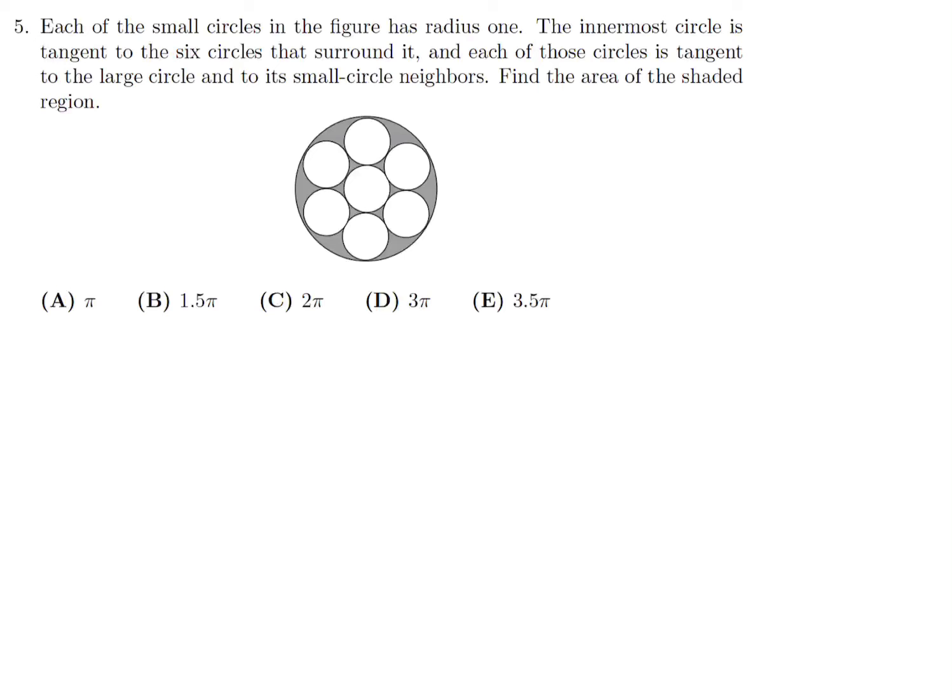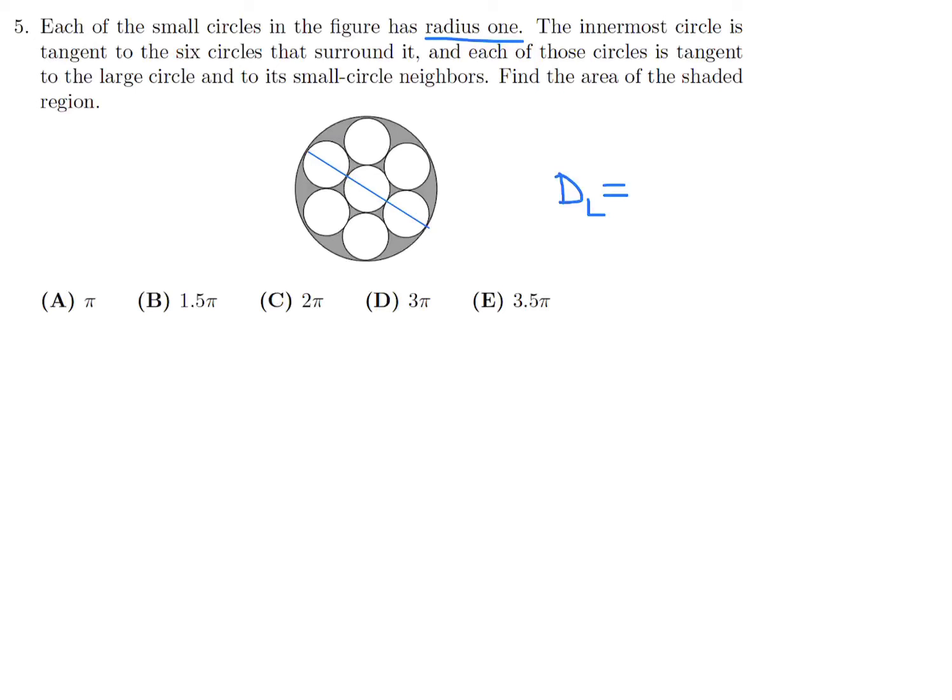So the first thing I'm going to do is draw a line that connects the centers of the 3 small circles like that. And that blue line that I drew is basically the diameter of the large circle, dl. And we know that the small circles have a radius of 1.